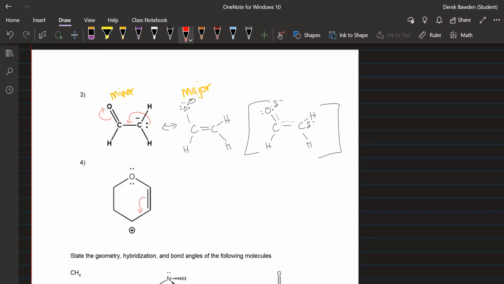So let's move the double bond down like that. Okay. All right, so now we have a double bond here. The oxygen remains how it was. And we have a positive charge right here because there were electrons there with the double bond and now they're gone, so it becomes more positive.